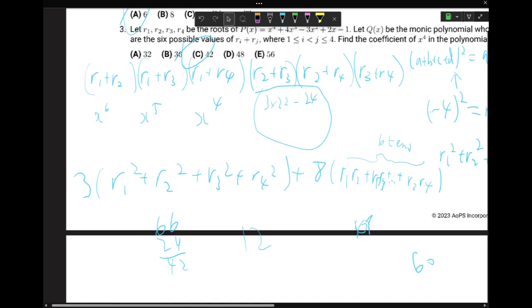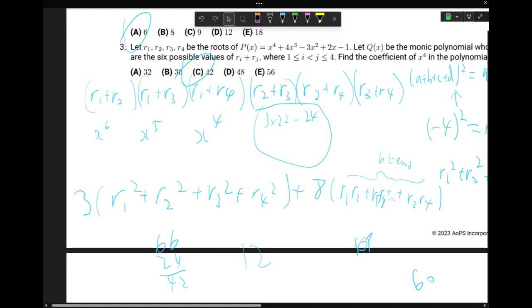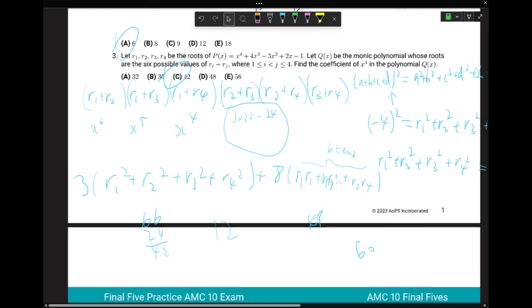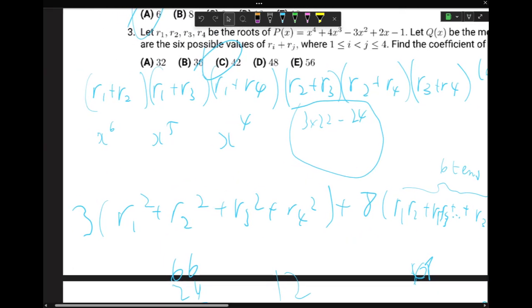So, we might notice that these are all symmetric. Another thing we can notice is that the terms have a maximum power of 2.